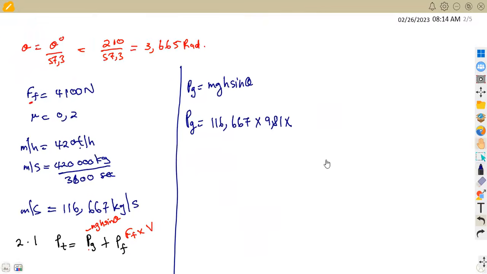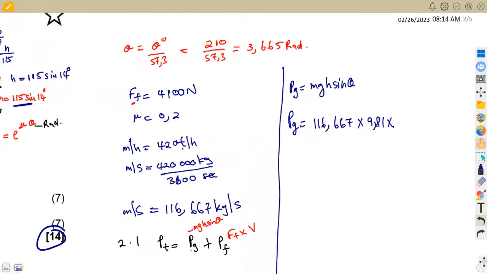So that is 115 sine of 14 degrees. All you need, guys, is to use your calculator properly. You're going to obtain something like 3,184,246.07, and so on.